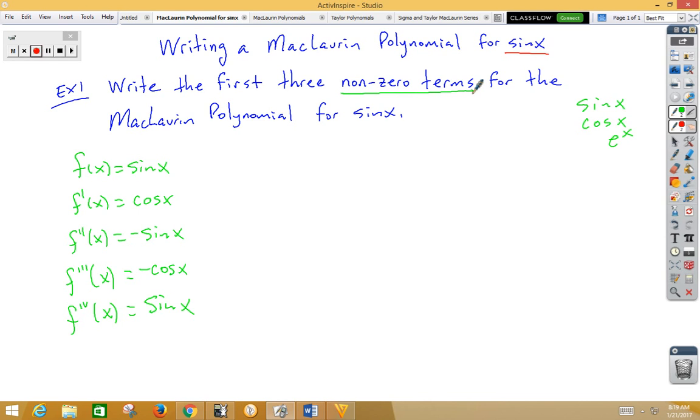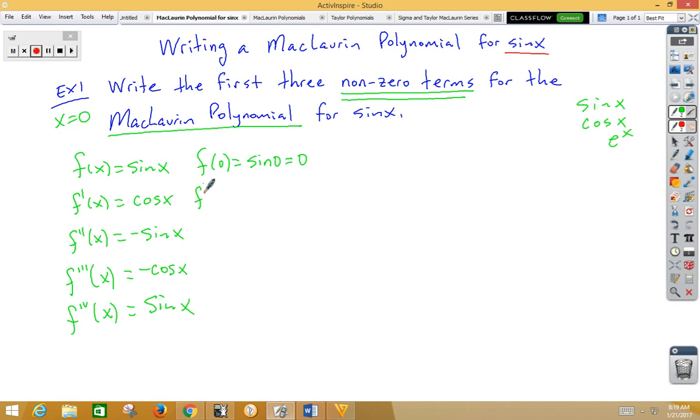Now I did several of these so that we can see what happens, because it does say non-zero terms. A Maclaurin polynomial by definition is centered about x equals 0. So we're going to start off by plugging in zeros. f of 0 is sine of 0, which is 0. Well, we can't use that term because we need non-zero terms.